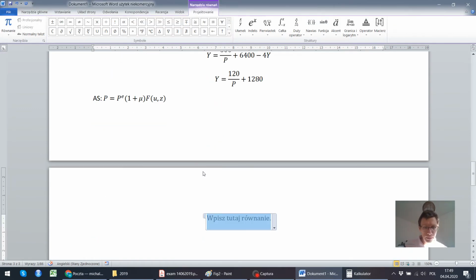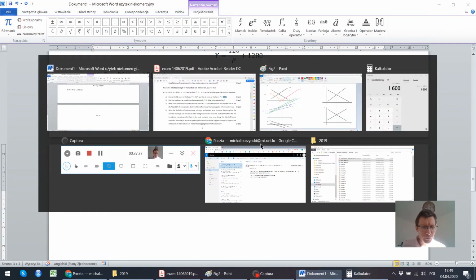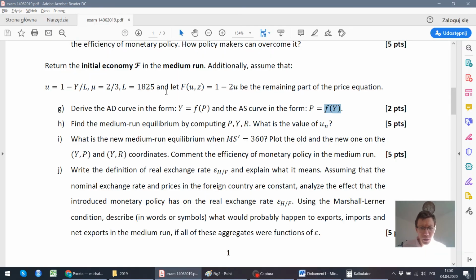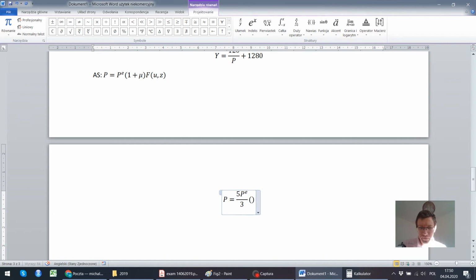Fair enough. So let's write it down using the data that we have. We know that mu is equal to 2/3, so 1 plus mu is 5 over 3. Times f of uz, which is simply 1 minus 2u.